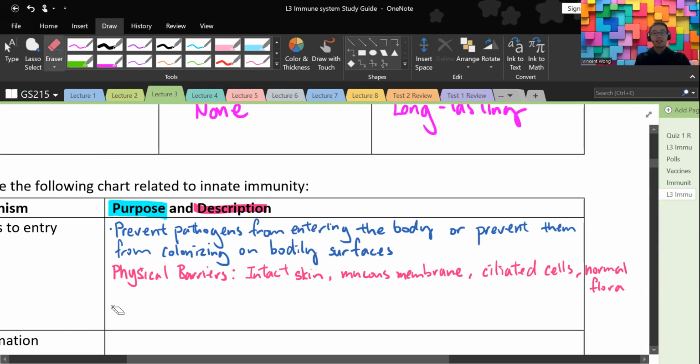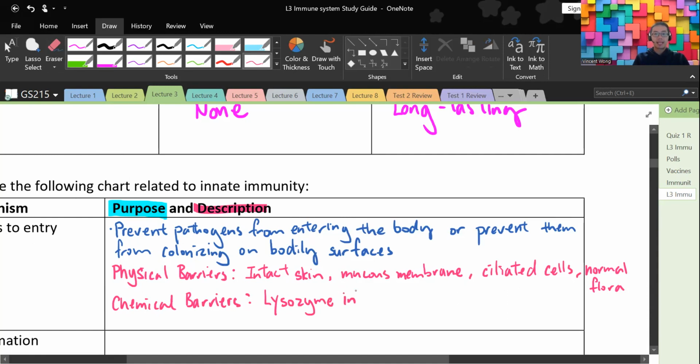Other than physical barriers, what's the other category? Chemical. That's right. The other one is the chemical barrier. So physical and chemical barriers. Chemical barriers would be things like tears. I think I used the word lysozyme, which is a type of enzyme that will break down the bacteria.